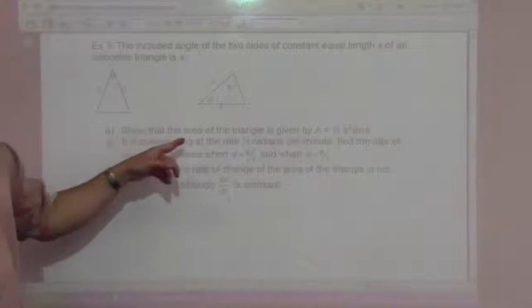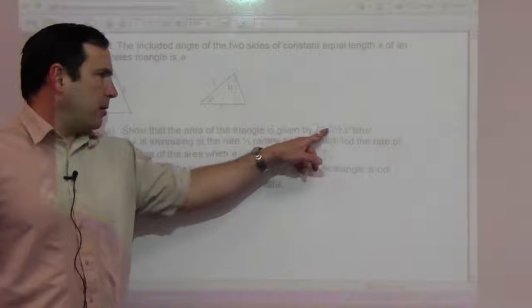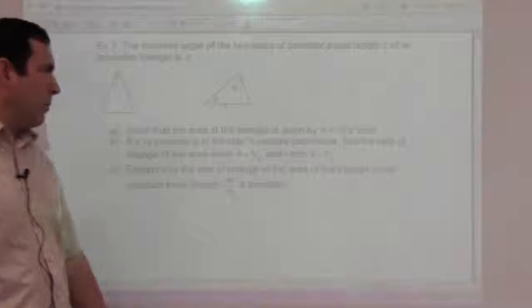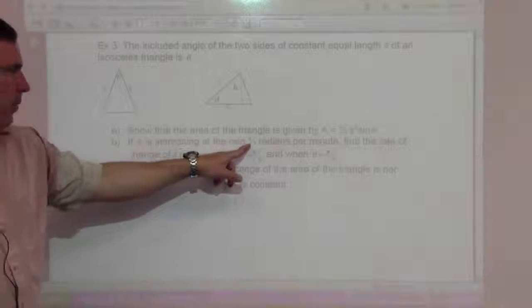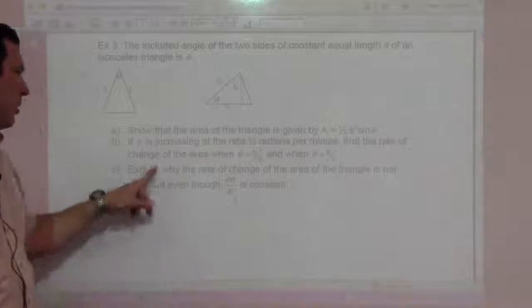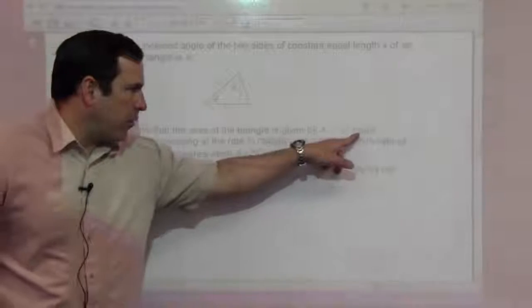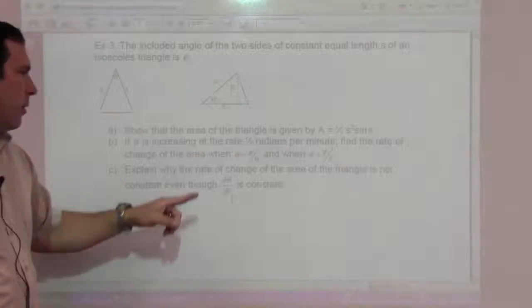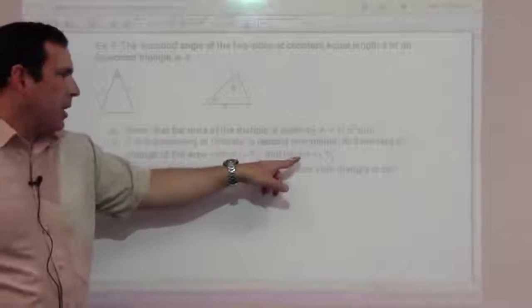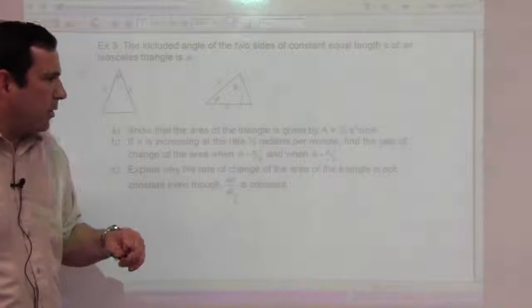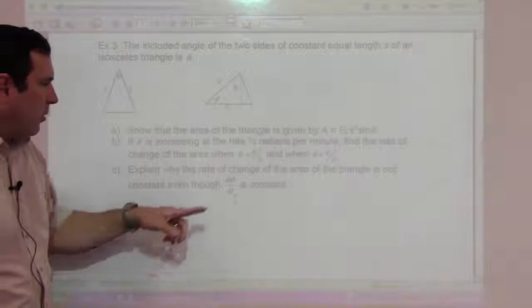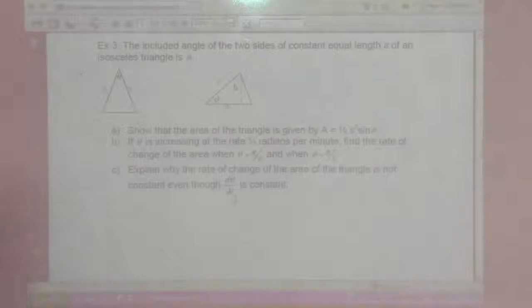Now show that the area of the triangle is given by A equals 1/2 S squared sine theta. If theta were increasing at a rate of 1/2 radians per minute, find the rate of change of the area. So we'll be using this formula after we derive it. And theta is pi over 6, and theta is pi over 3. And explain why the rate of change of the area of the triangle is not constant, even though d theta/dt is constant.